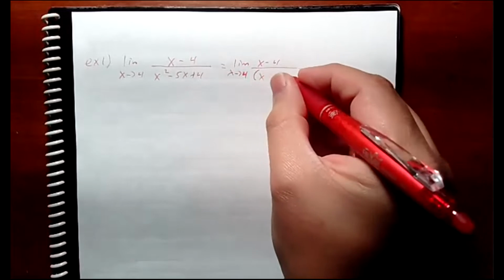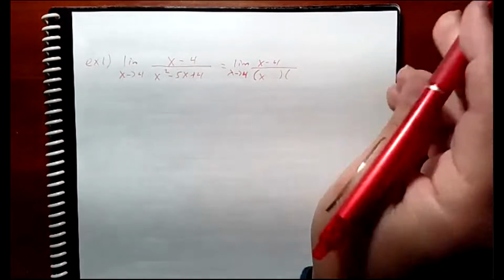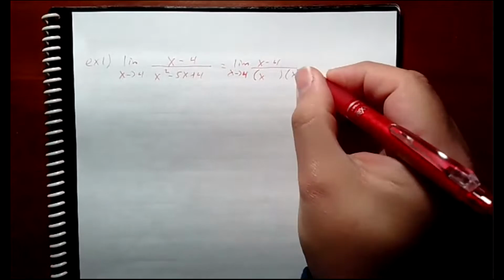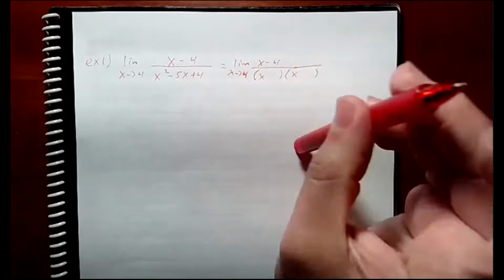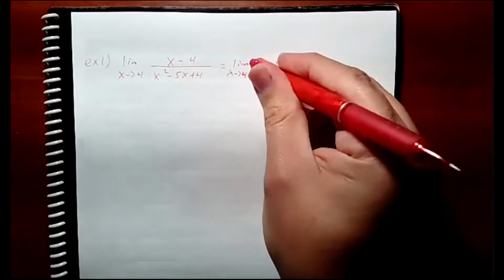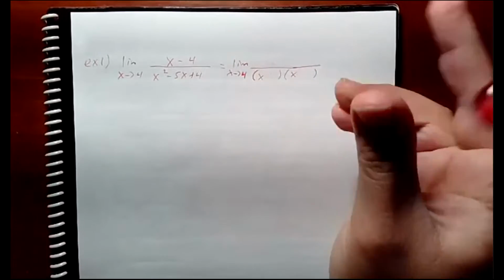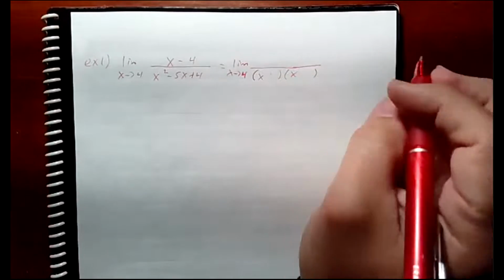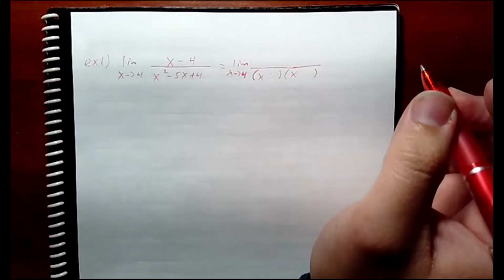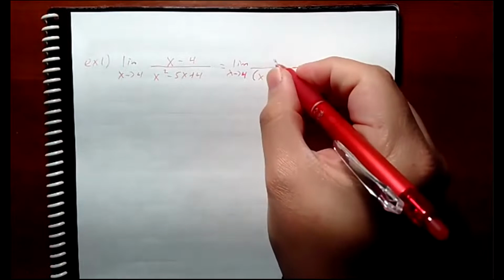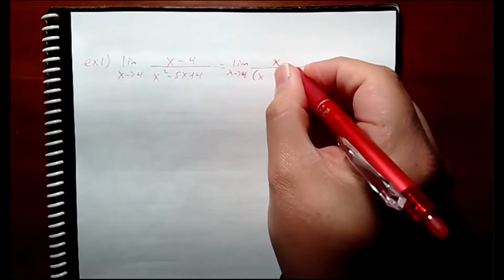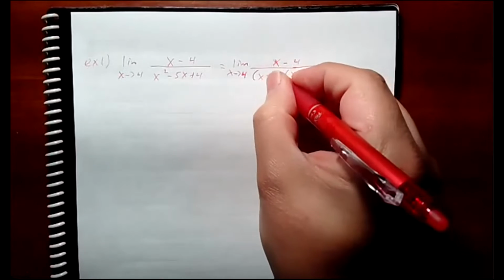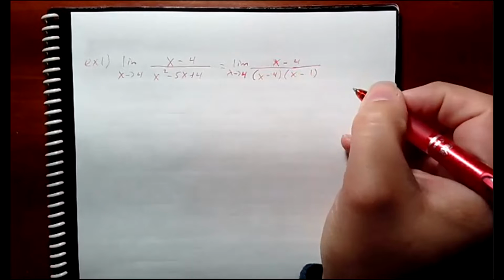What does the denominator factor into? It's x minus 4 and x minus 1.